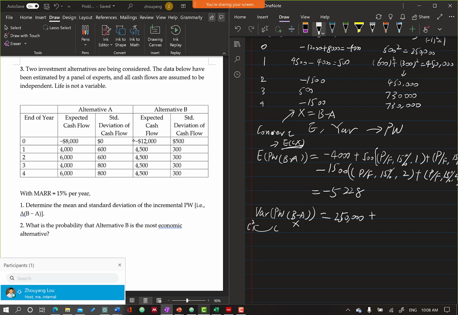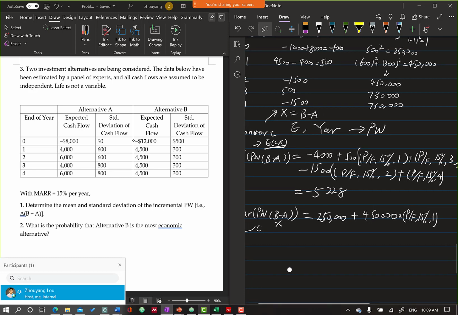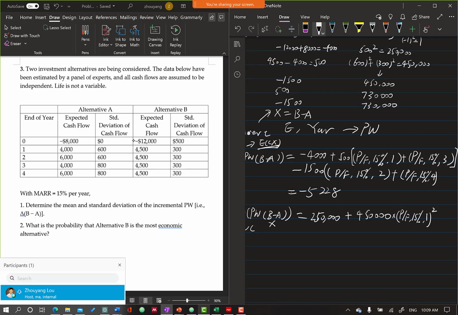And starting from the 2nd year, we're going to have the factor part. So for the 1st year, 450,000 times p given f, 15%. And we have to place a square there.